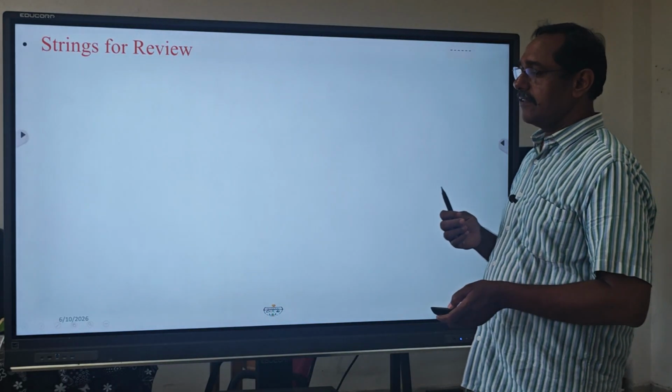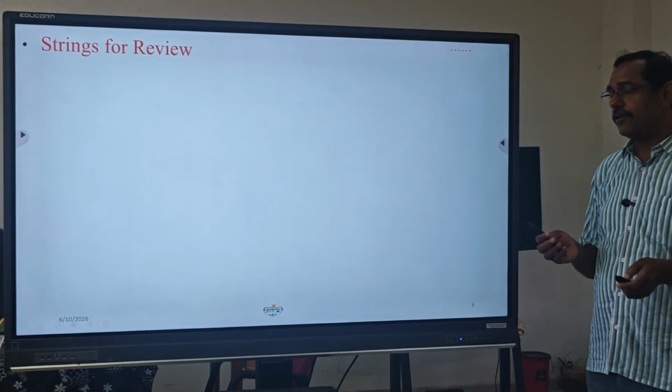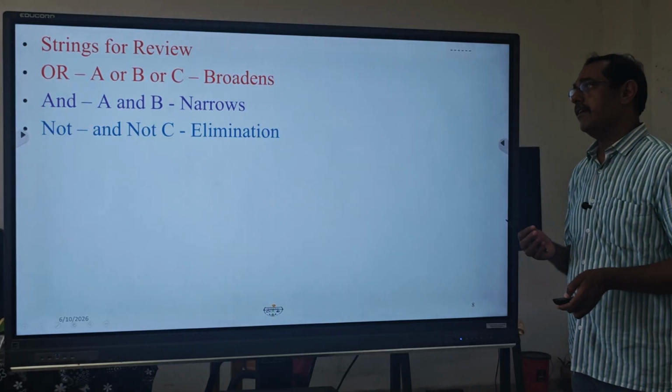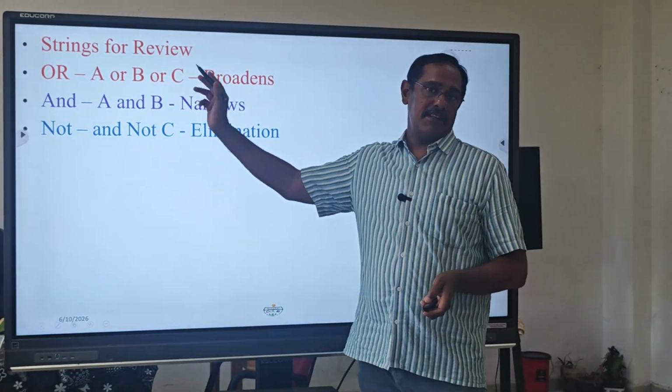So what is this? Strings for review. So you know this. What are the strings for review? OR, AND, NOT. So if you put OR, it broadens our review.